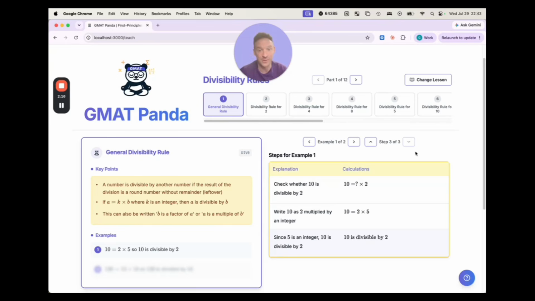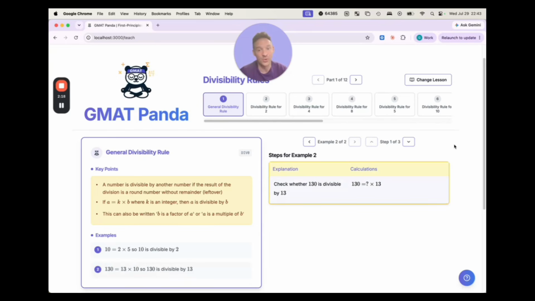Let's try another example. Let's say we're trying to check whether 130 is divisible by 13. So we're going to look for a number such that 130 equals that number times 13. And that number has to be a round number, otherwise we're cheating.